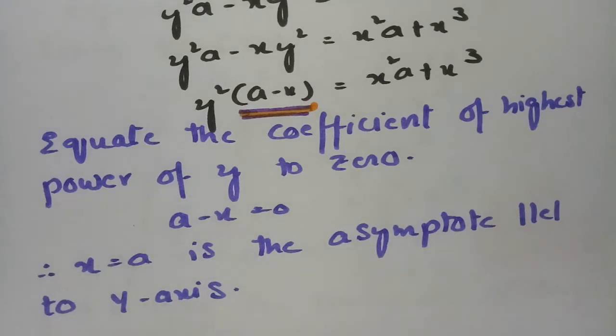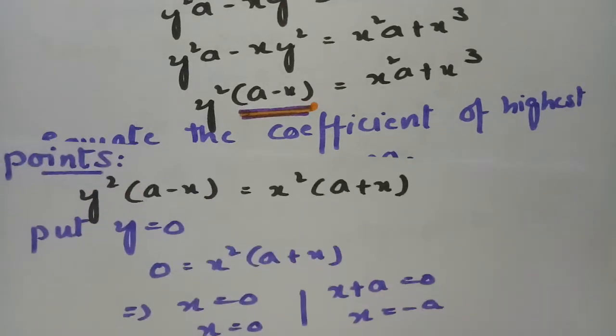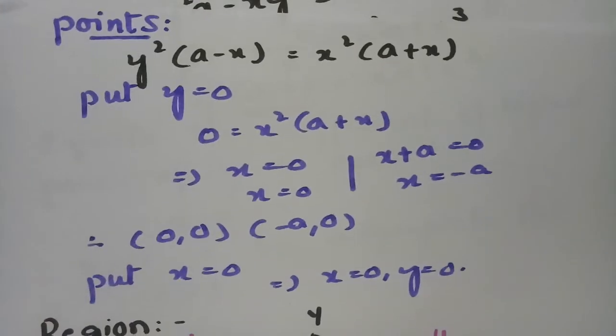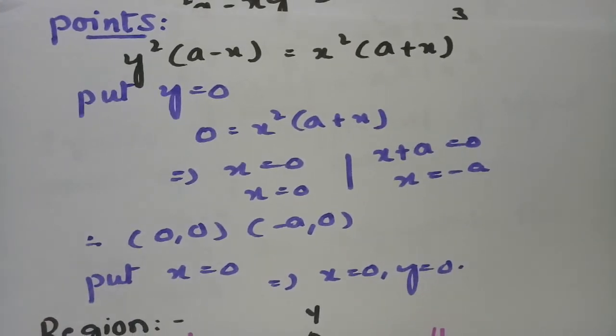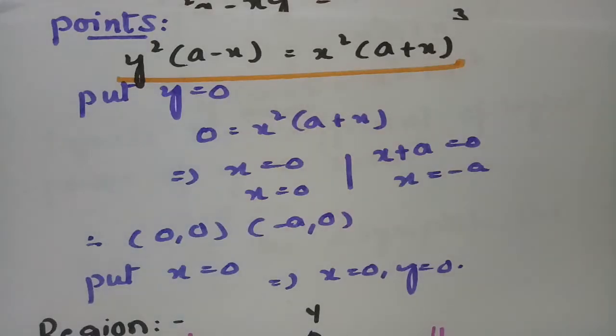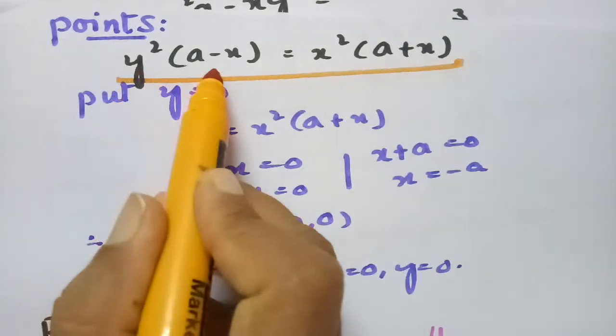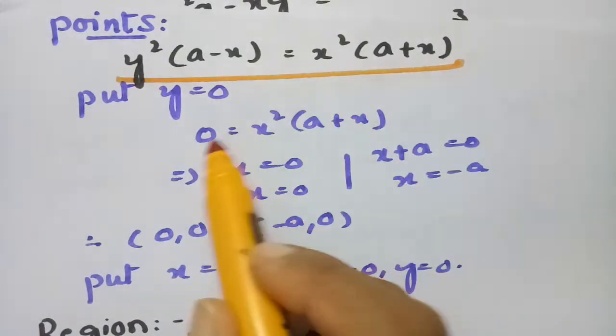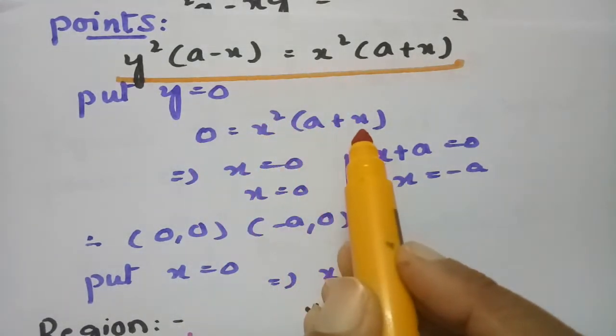And the next one, coming to the points. In the given equation, so this is the equation of the curve, and if we put y is equal to 0, we'll be getting x values. So in this equation, if I keep y is equal to 0, then 0 is equal to x square into a plus x.